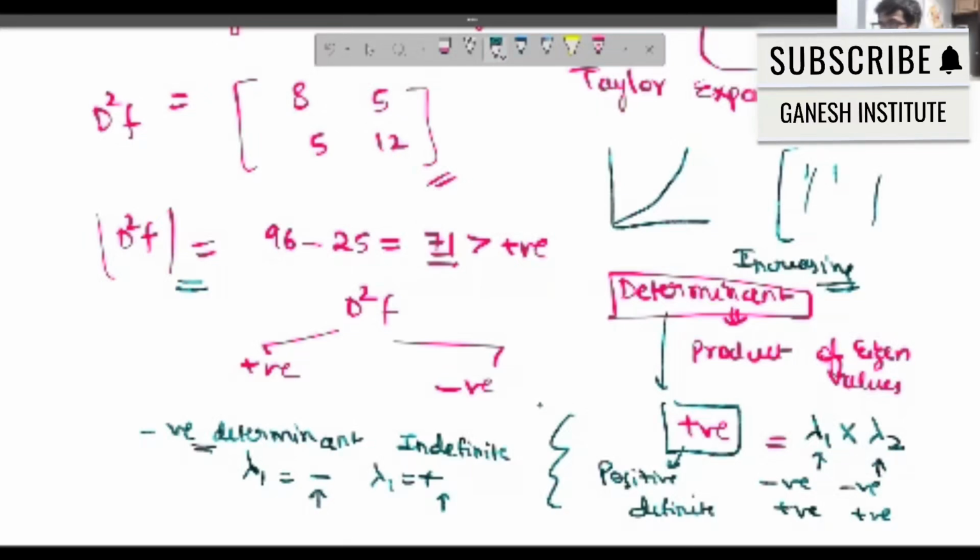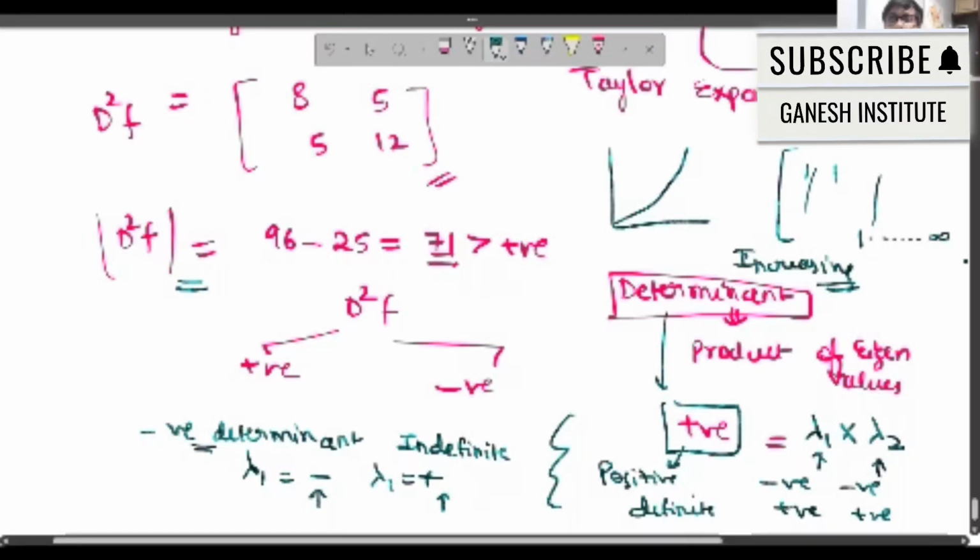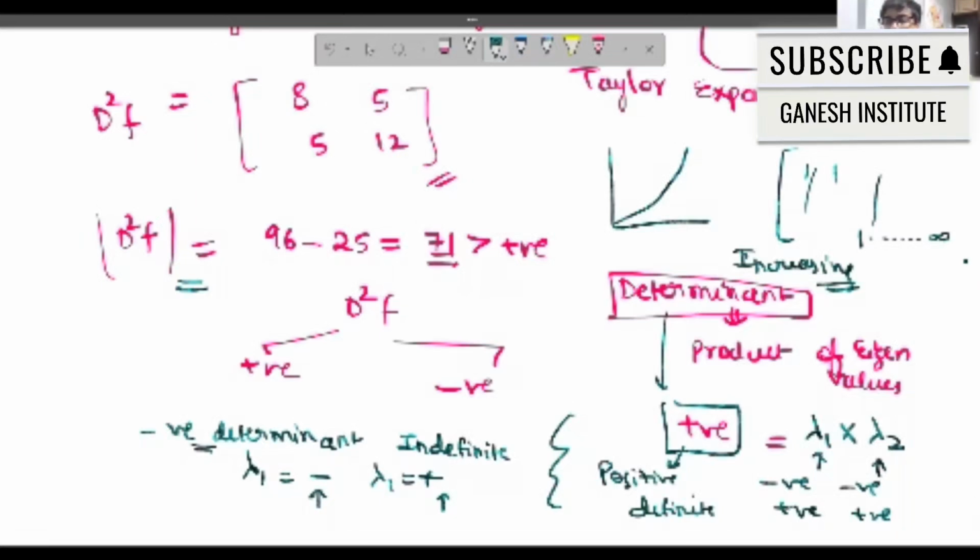Okay, see, ma'am, we can have either, no? If I have values from 1 to 3 till infinity, it is an increasing function. Do you know the maximum value for this?